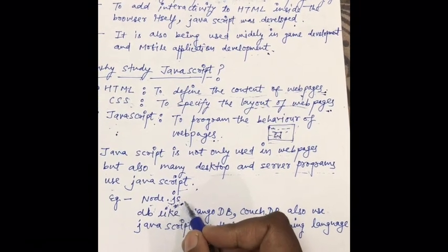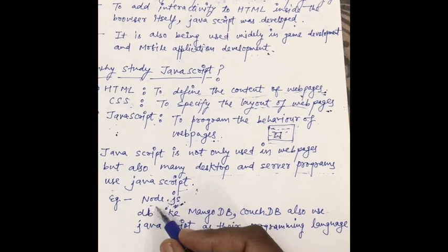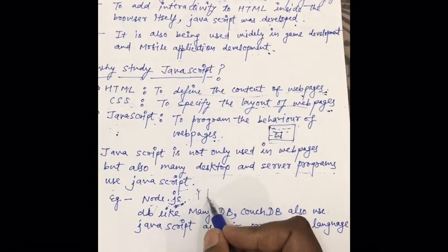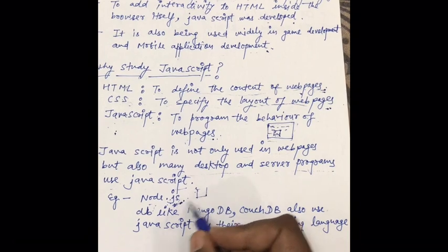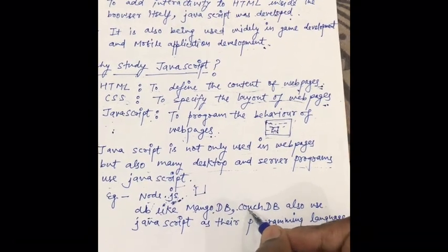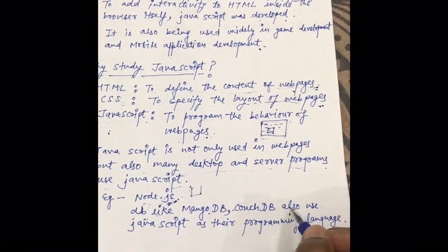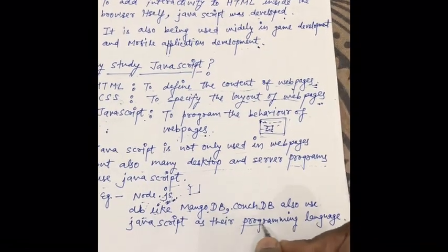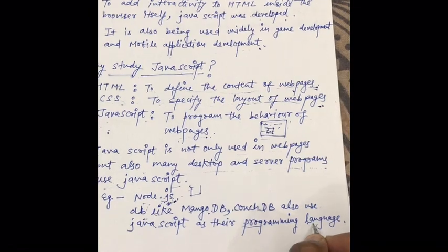JS stands for JavaScript. This node.js is a file called node with the extension .js. Databases like MongoDB and CouchDB also use JavaScript as their programming language.